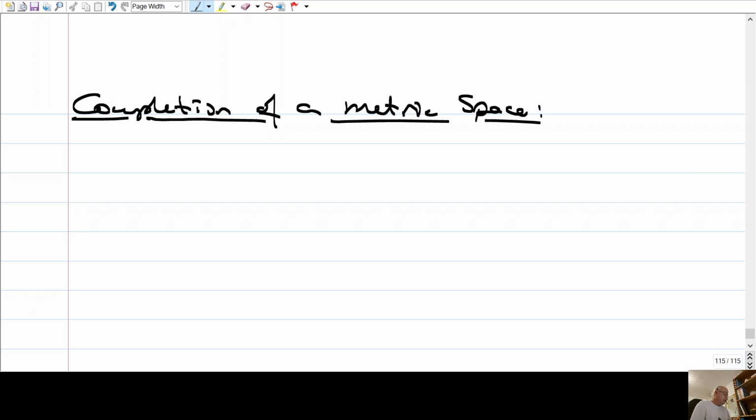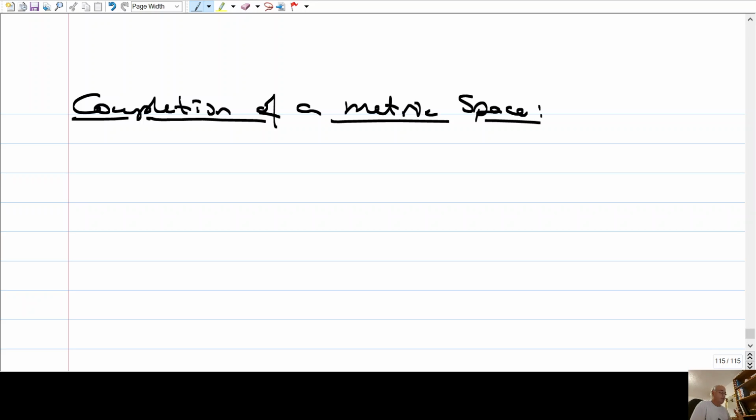And we know that R is complete and contains Q as a dense subset. Therefore, R is a completion of Q in that sense, right? It is a complete metric space and it contains Q as an isometric copy, and Q is dense in R. It turns out that this method works for any metric space.